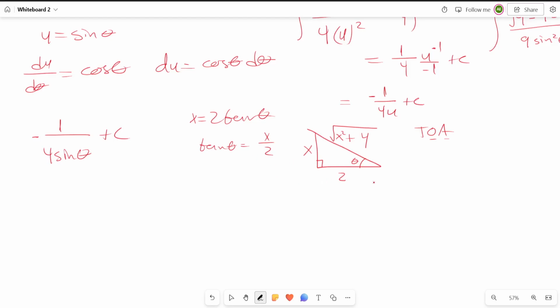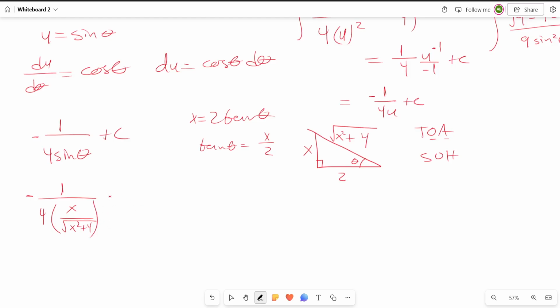Over here, I know that sine theta is opposite over hypotenuse. So sine theta is x over square root of x squared plus 4. So this becomes minus 1 over 4 times, instead of sine theta, it's now going to be the opposite, which is x over square root of x squared plus 4.